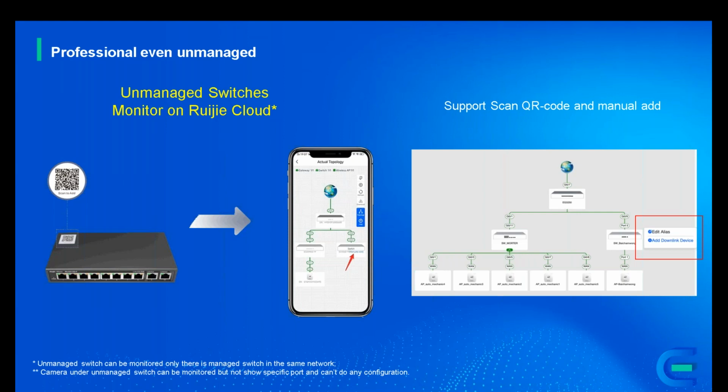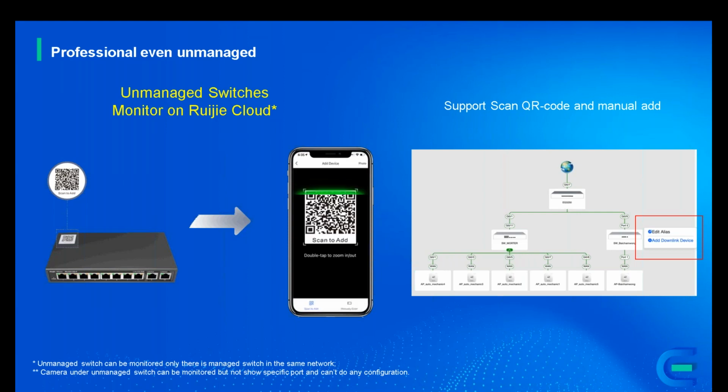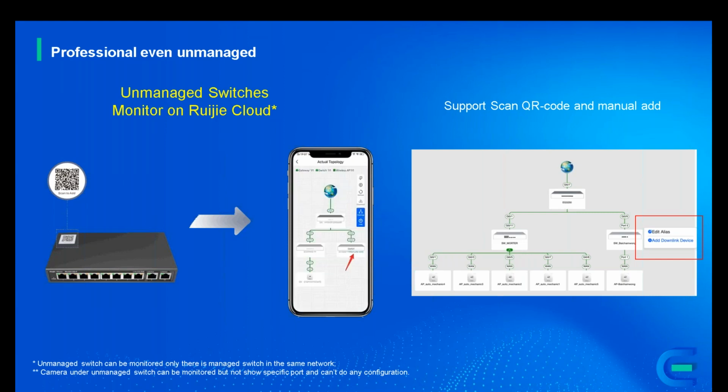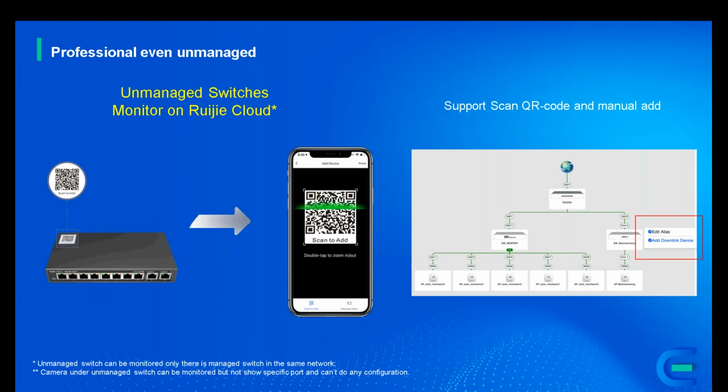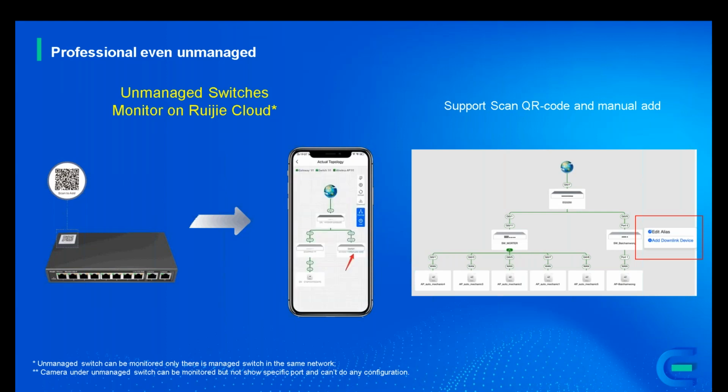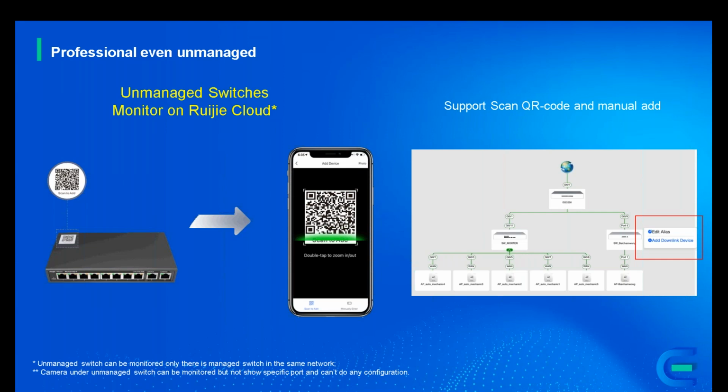Just take into consideration that for this option, we are able to manage the switch in the network only if there is a router. If there is a router on the network, you can do it. If there is no router, you cannot add these unmanaged switches to the network.